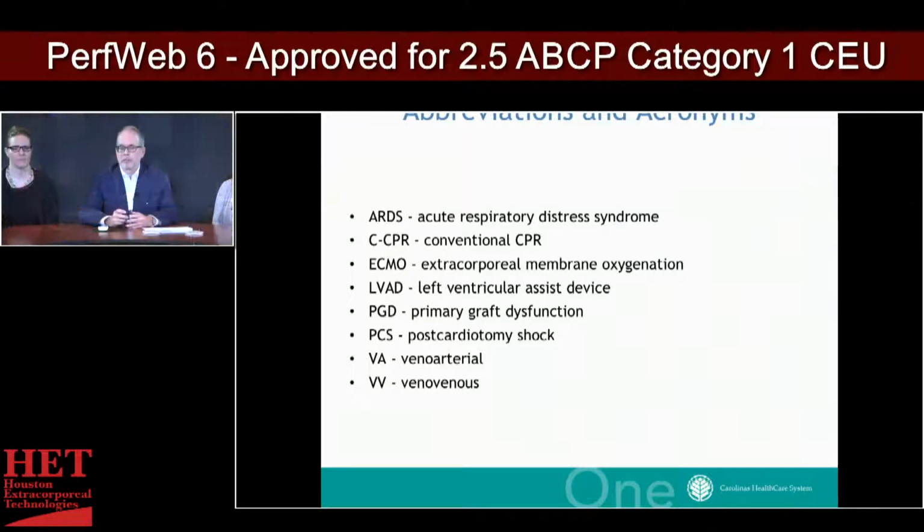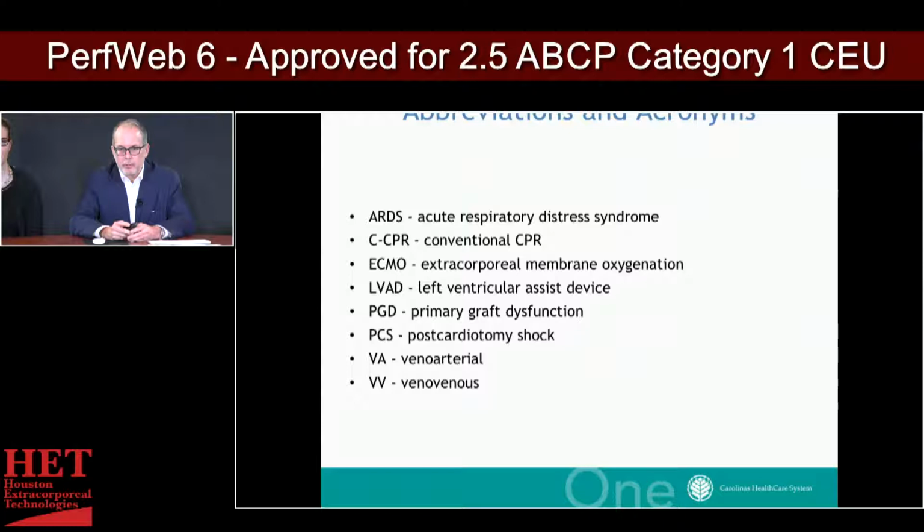A few basic abbreviations, just to make some of the slides make sense. ARDS is acute respiratory distress syndrome. CCPR is conventional CPR. ECMO is extracorporeal membrane oxygenation, our topic for the evening. LVAD is left ventricular assist device.